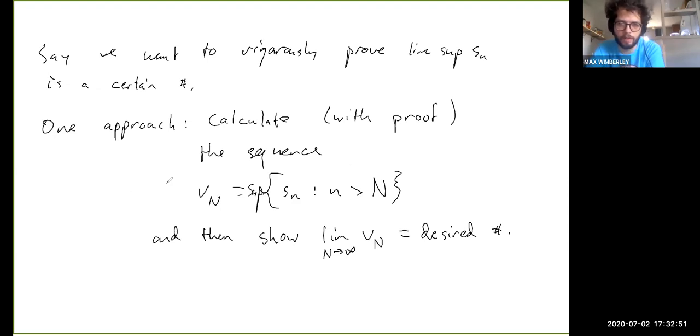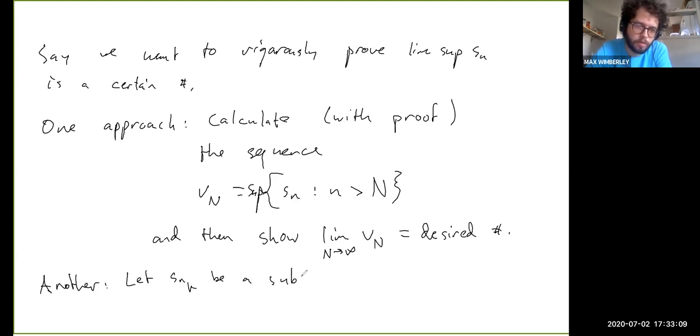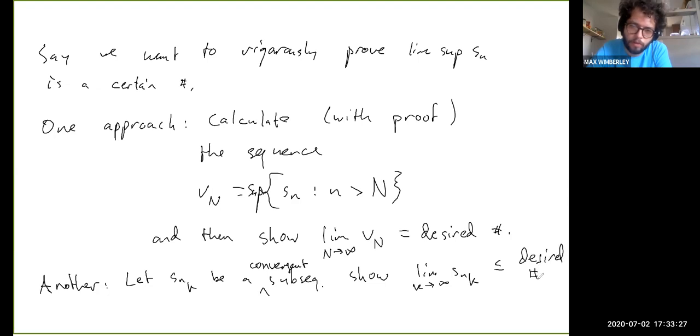But usually there are ways to cut corners here. Another approach would be to let SNK be a convergent subsequence. Show the limit of SNK as k goes to infinity is less than or equal to the desired number, right?